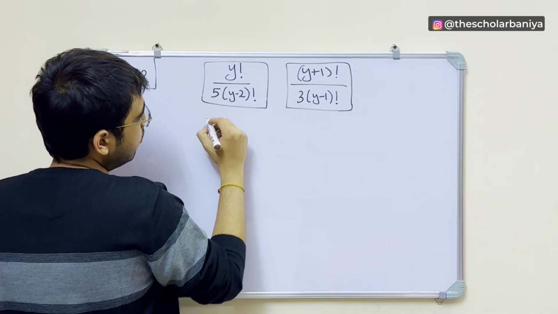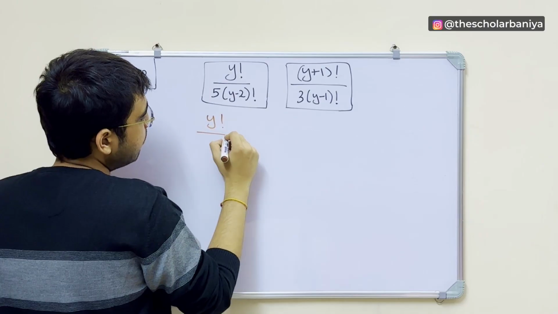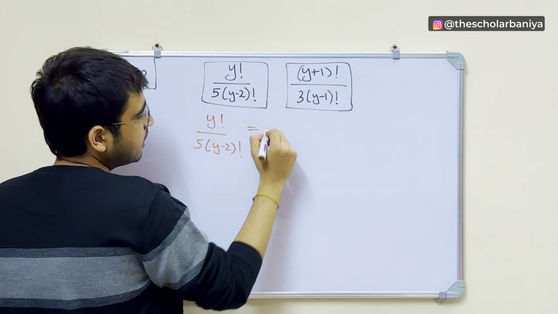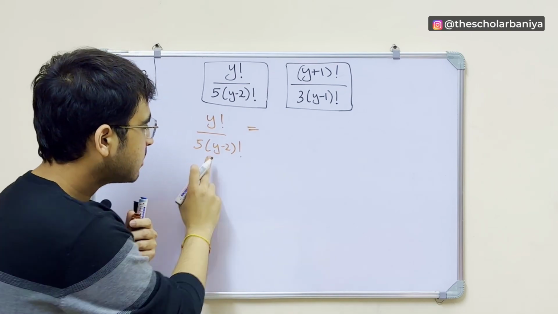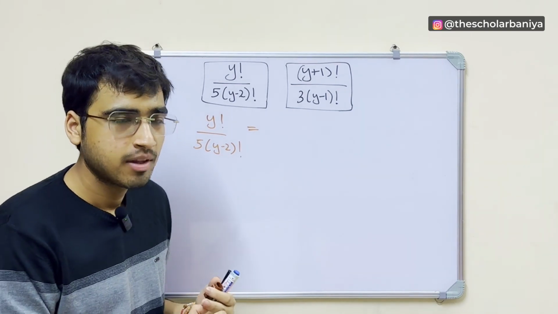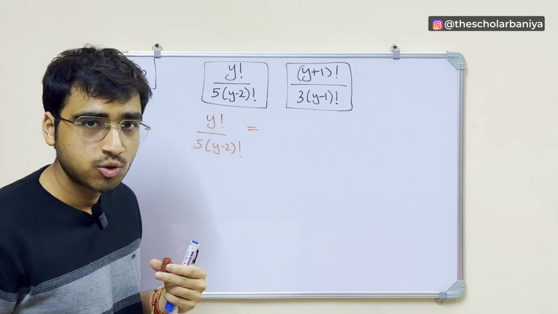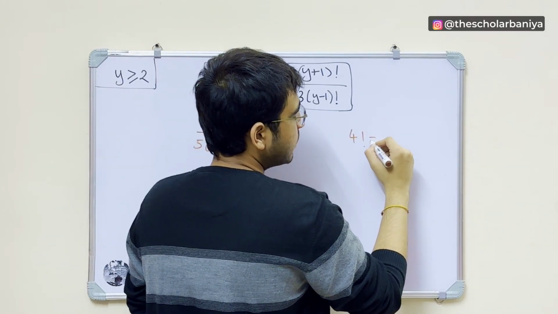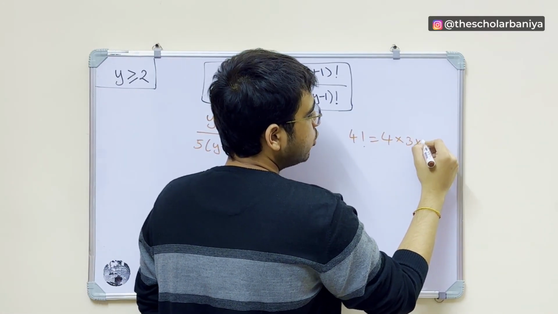So y factorial upon 5 into y minus 2 factorial, right? Because there is a y minus 2 factorial, what can we write y factorial as? Because we know, for example, what is 4 factorial? 4 factorial is 4 into 3 into 2 into 1.